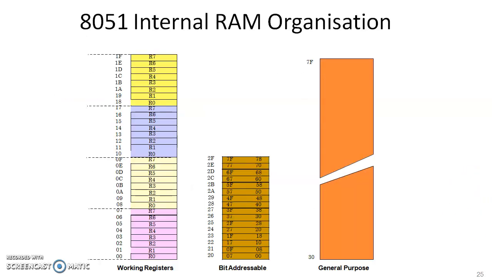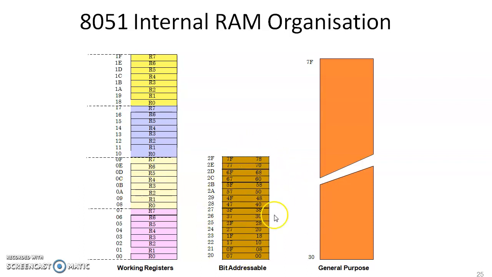This is the internal RAM organization of your 8051. These are the working registers, that is, your banks. This is bank 0, bank 1, bank 2 and this is bank 3. Each bank has 8 registers, R0 to R7, and the first bank starts at 00 to 07. This is bank 0. These are the working registers. These are the bit addressable registers.